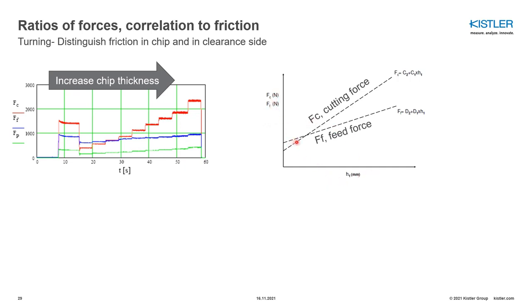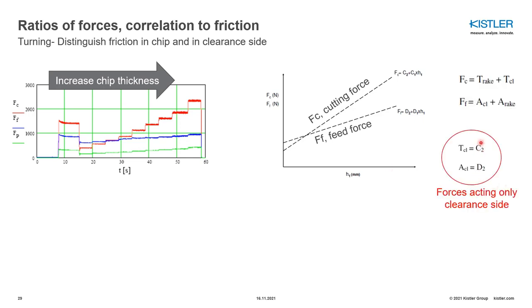When those points, which are quite linear, intersect the y-axis, when there is no chip thickness, you still have a force. Those forces, as you can see here, are the forces acting purely on the clearance side, as represented here, CL, clearance side.